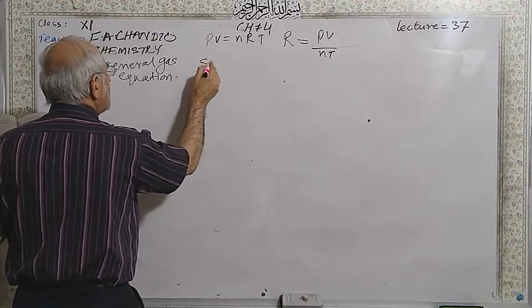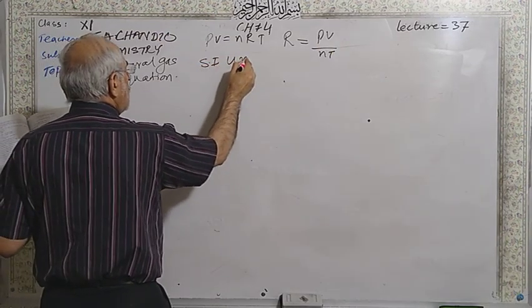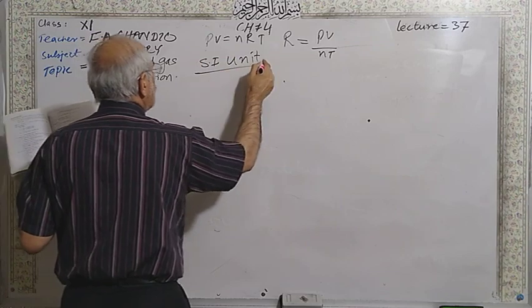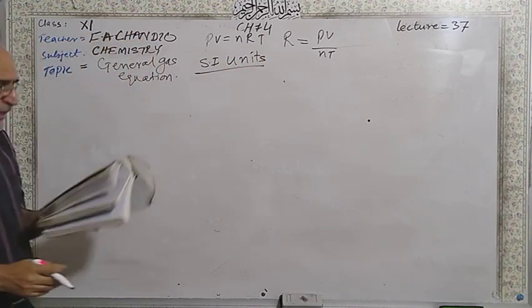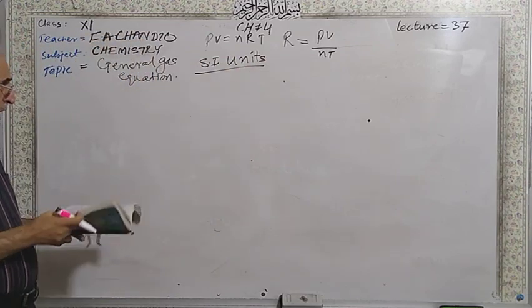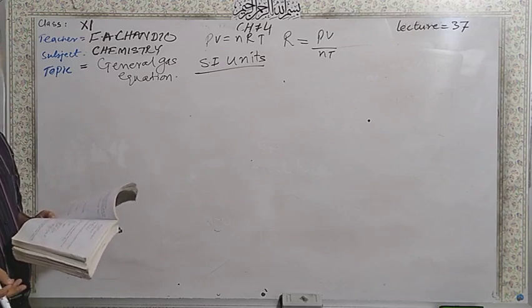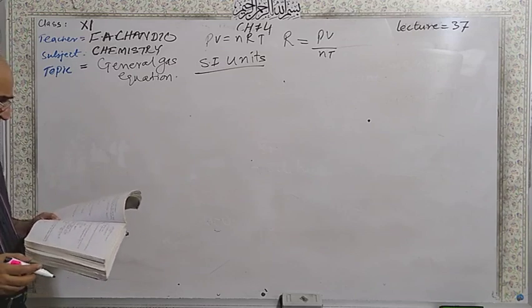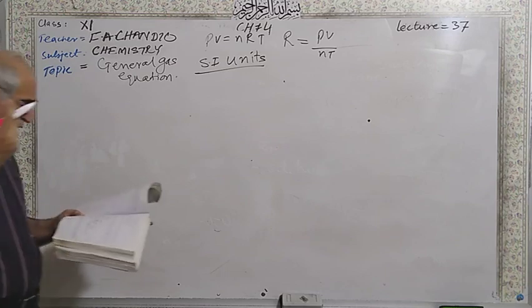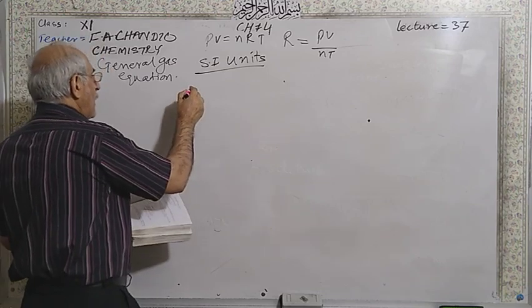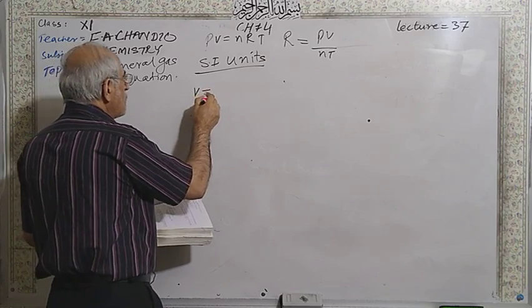SI unit. System International units of the R, which is called the general gas constant, or universal gas constant. Only two things are different. Volume is different.